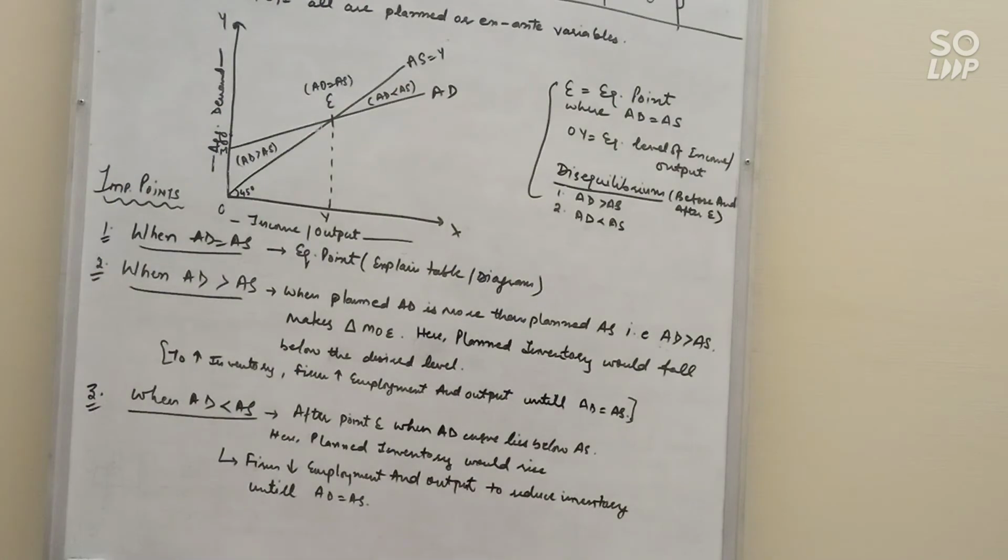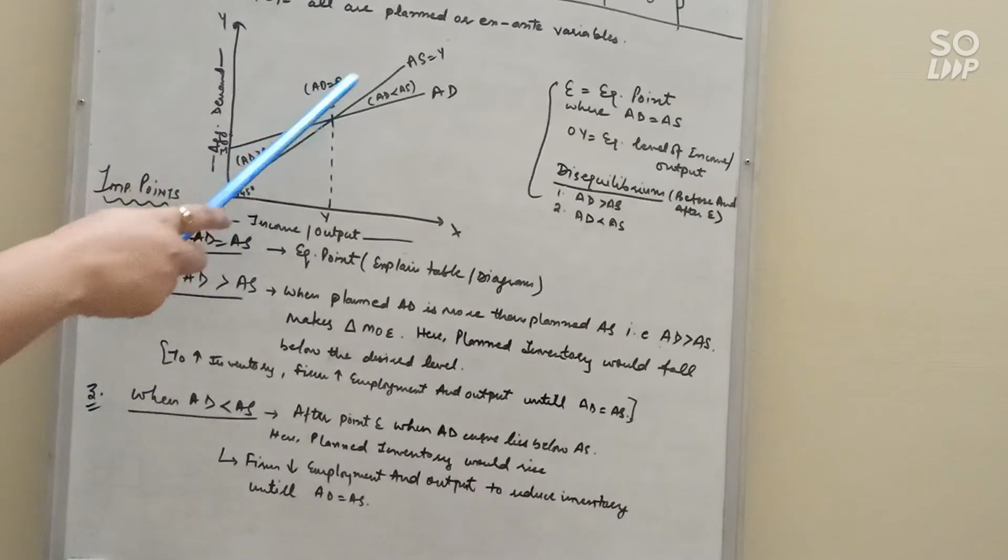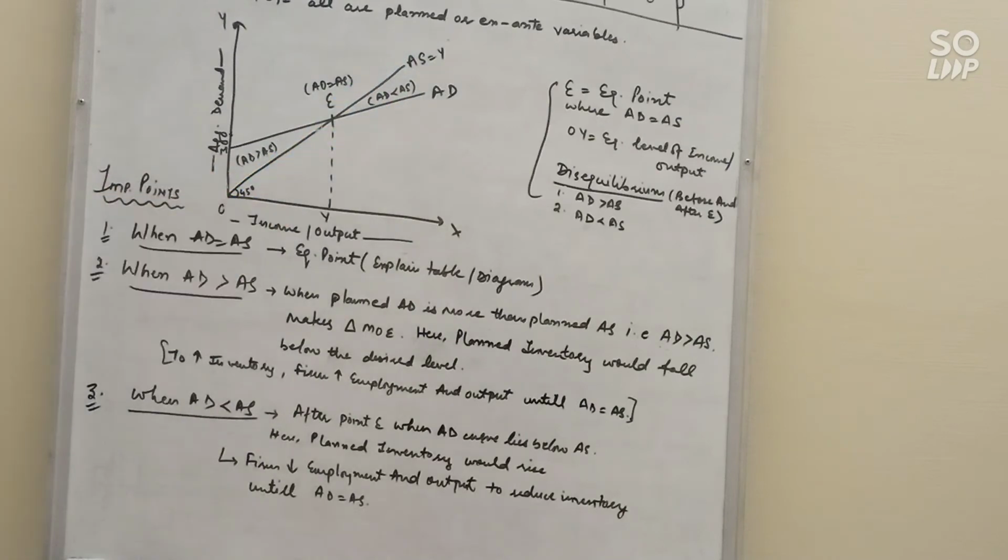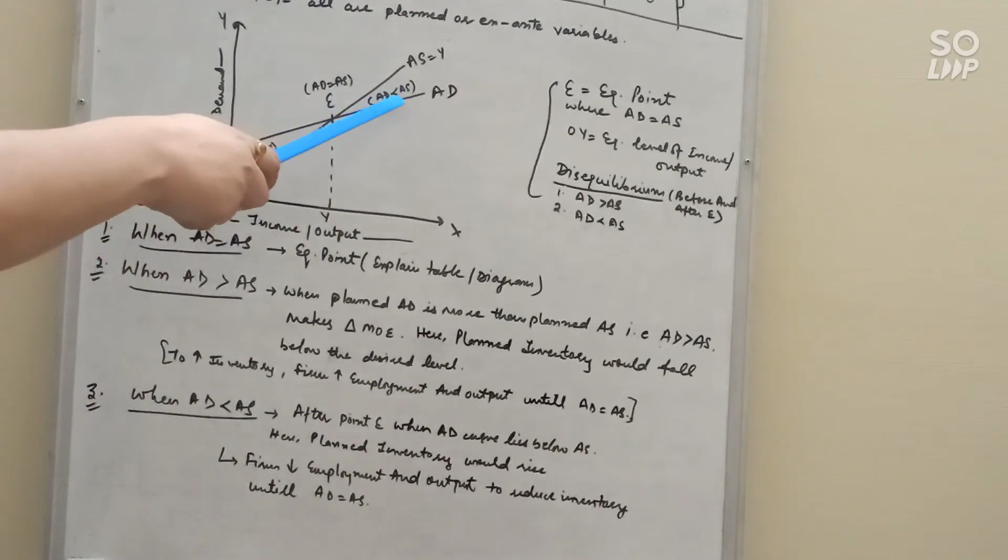The third point is when planned aggregate demand is less than planned aggregate supply or planned output. This is after point E. Here consumers would be buying less, but producers are willing to produce more. As a result, planned inventory would rise.